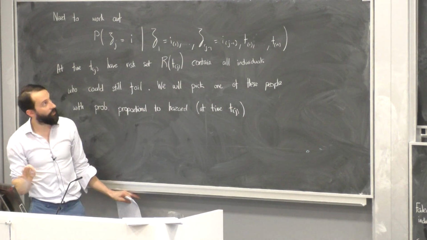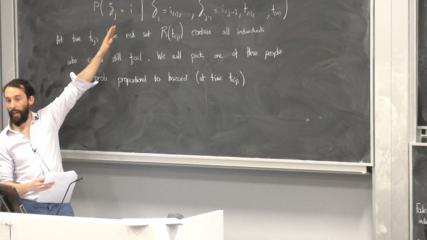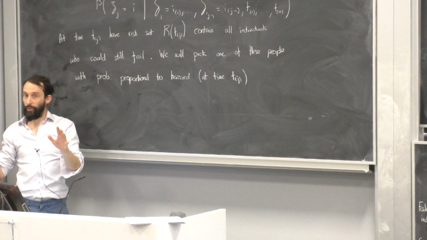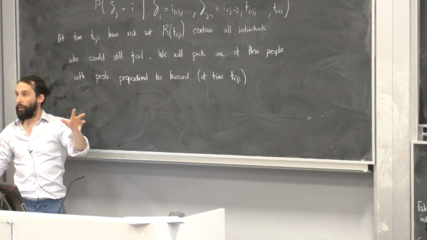Basically the hazard is that instantaneous risk of failure. I know that there is a failure at that time. They're all going to have slightly different hazards. Somebody needs to fail. I just need to pick out of those people.